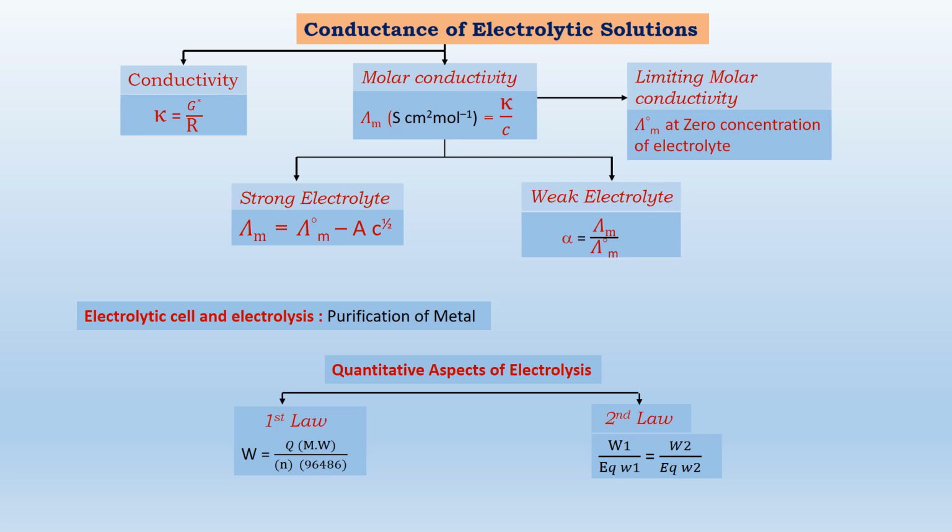Quantitative aspects of electrolysis. It is about Faraday's first law and second law. The first law is that the amount of substance deposited at any electrode is directly proportional to the quantity of electricity. That is, W, the amount of substance, is directly proportional to the charge Q. Q is I into t.